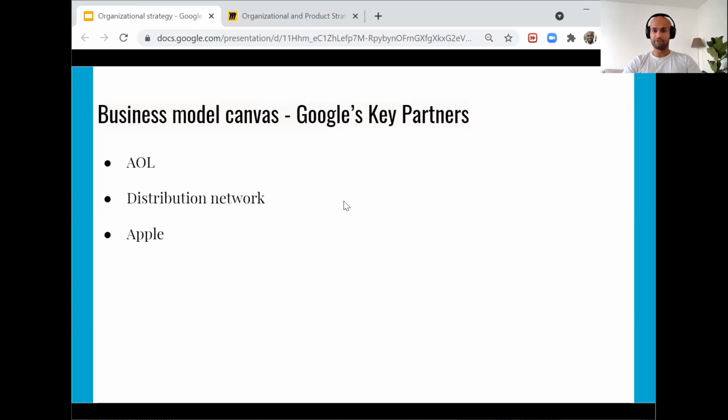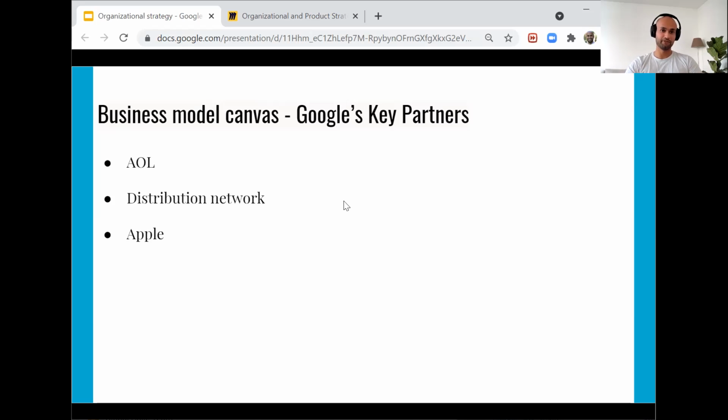So with the Apple example, they came up with this multi-billion-dollar deal very early on in Google's history, where Google was featured as the default search engine for Apple, specifically for Safari, for the browser, right? So when you open Safari, by default, you're on google.com.